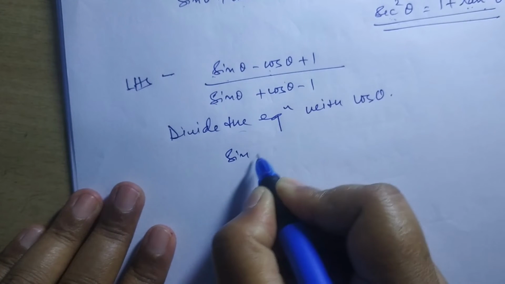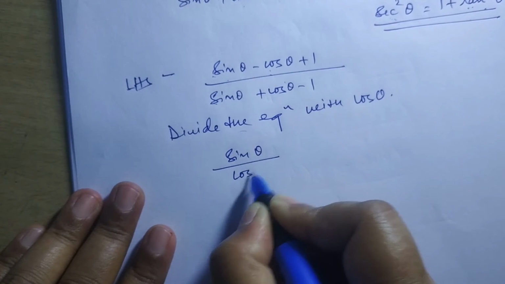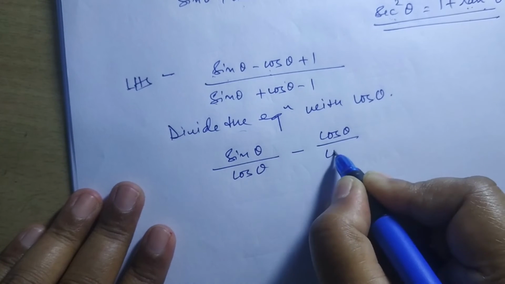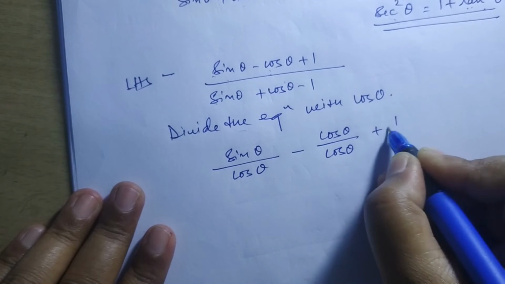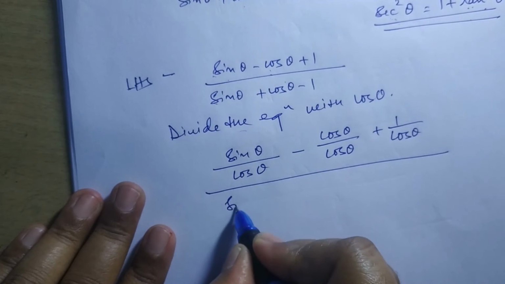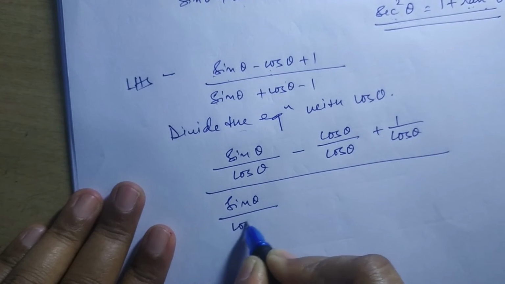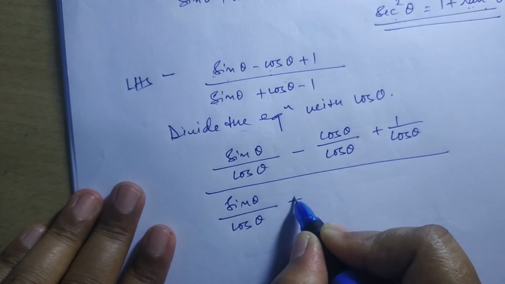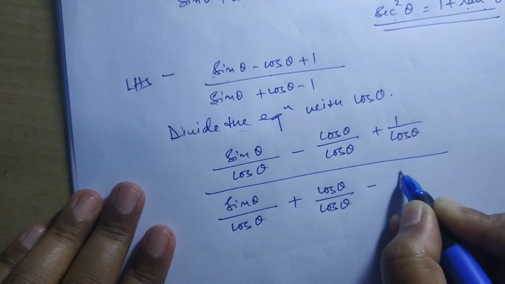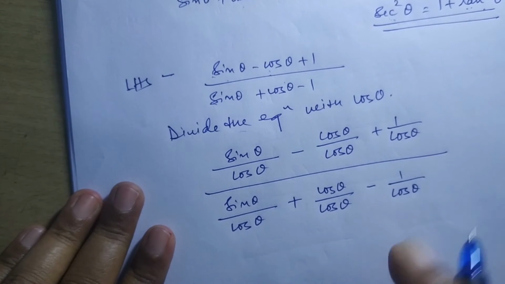So now I have sin theta by cos theta minus cos theta by cos theta plus 1 by cos theta, and in the denominator sin theta by cos theta, again the same thing, plus cos theta by cos theta minus 1 by cos theta.